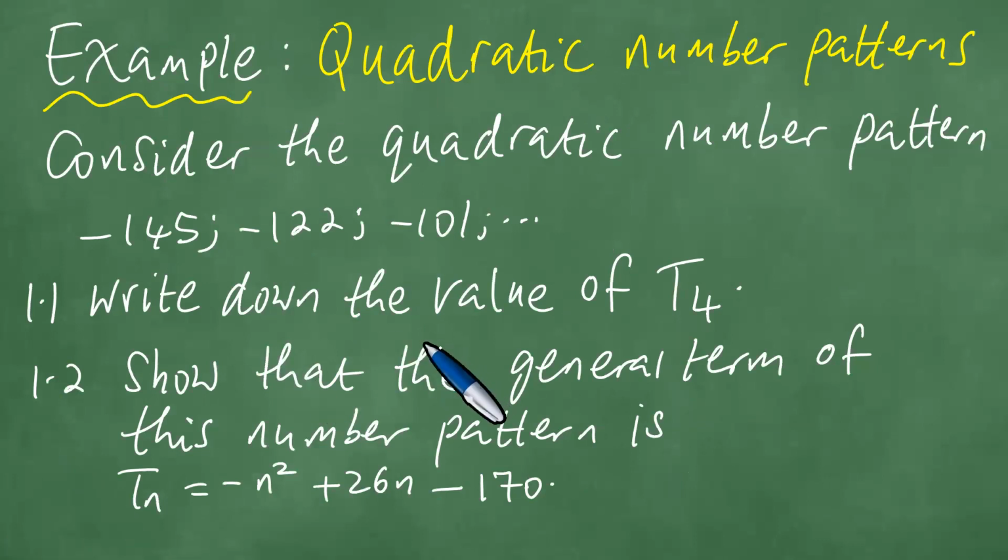Consider the quadratic number pattern: minus 145, minus 122, minus 101. Write down the value of the fourth term. This one is already a quadratic number pattern. Right, so now we proceed with the solution to this.